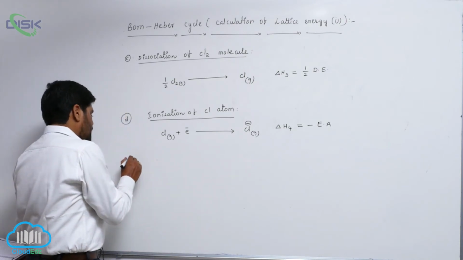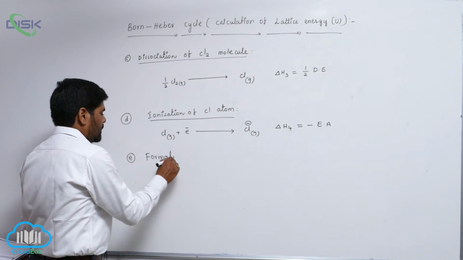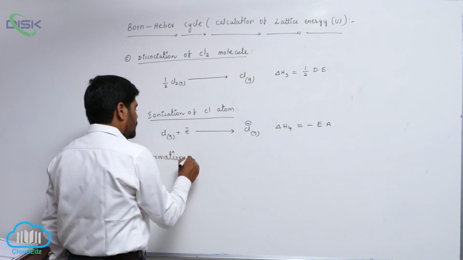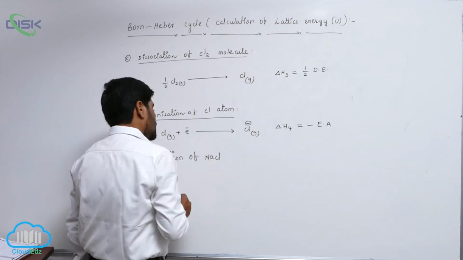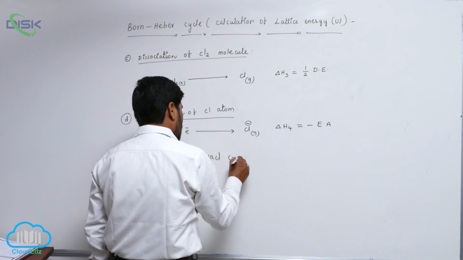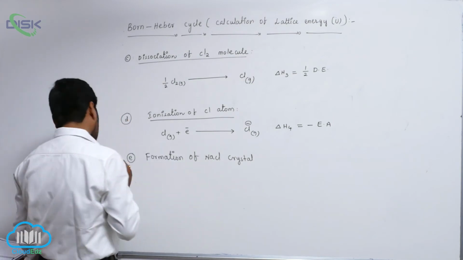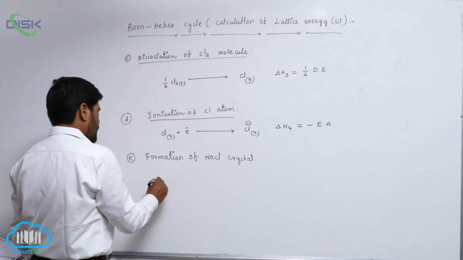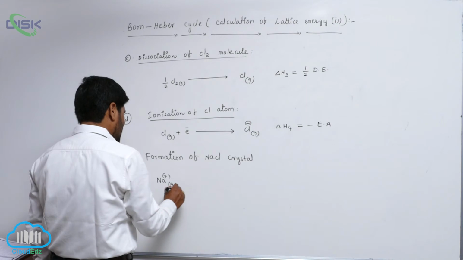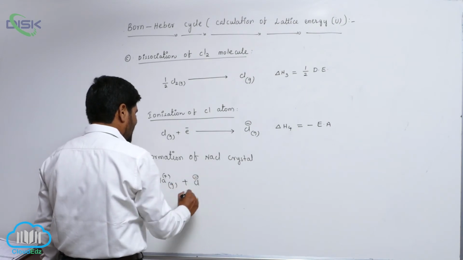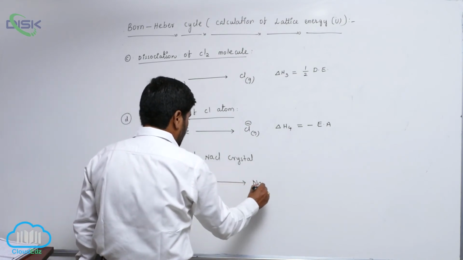Now the final step is formation of sodium chloride crystal. For the formation of sodium chloride crystal, Na plus in gaseous state and Cl minus in gaseous state combine to form sodium chloride.